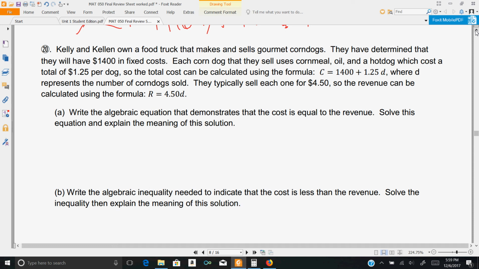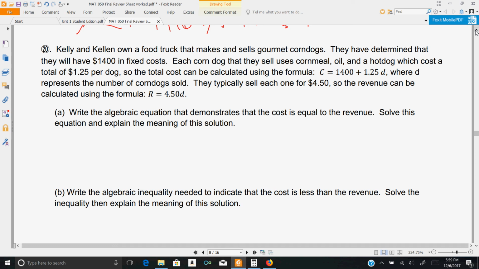Okay. All right. Now that you've thought about question 20, Kelly and Kellen own a food truck that makes and sells gourmet corn dogs. They have determined that they will have $1,400 in fixed costs. Each corn dog they sell uses cornmeal, oil, and a hot dog, which costs a total of $1.50 per dog.